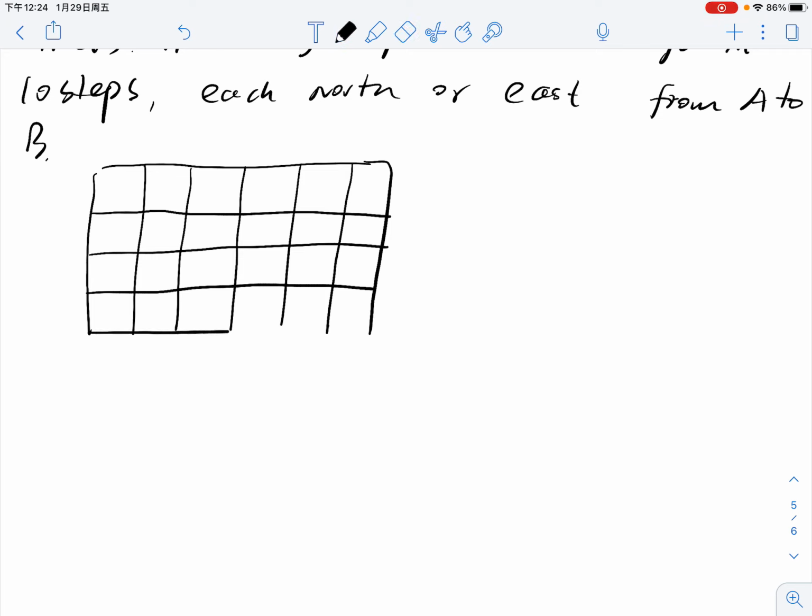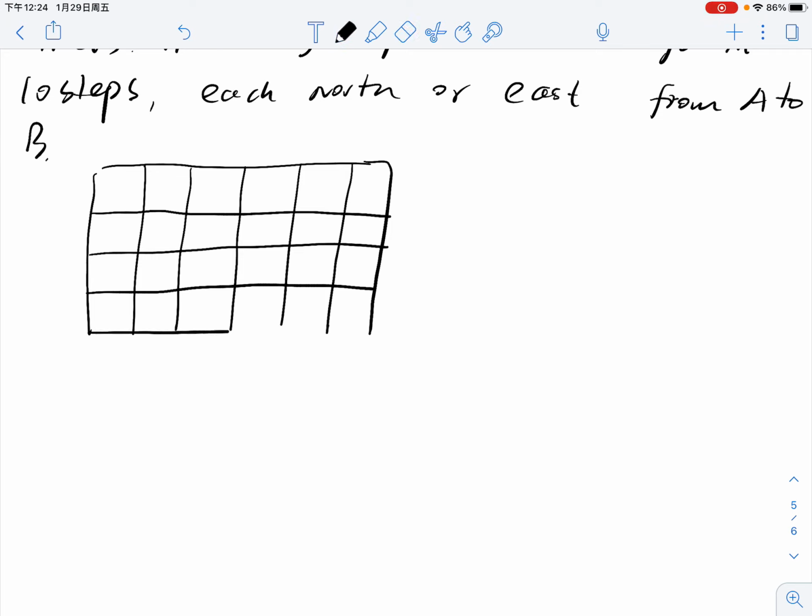Okay, next let's talk about the permutation of multisets. In different textbooks, they may have different notation, and I think most books don't use multisets.